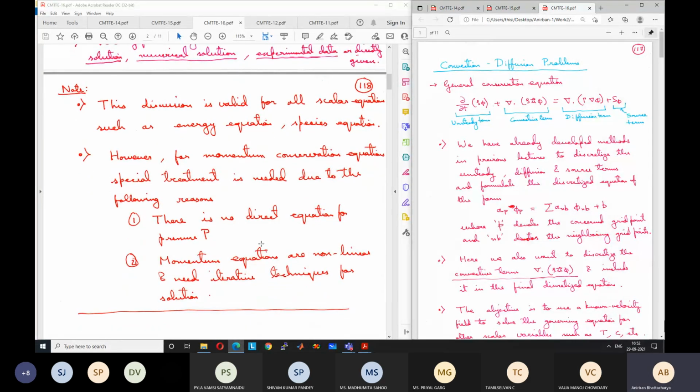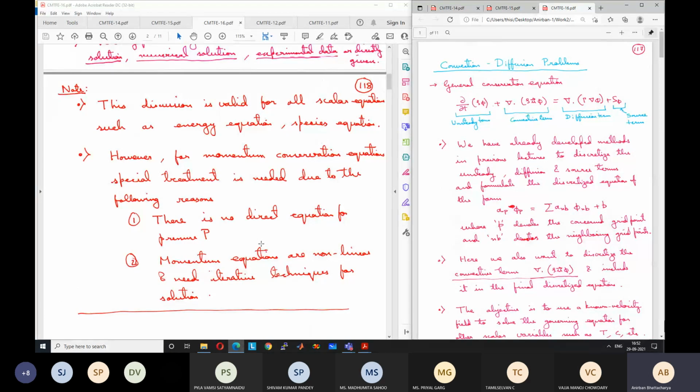Actually, it is also valid for the momentum equation to solve for u, v, and w if the pressure P is known or given to us. If the pressure is known, then obviously if you know the u, v, and w values, you need not calculate. But we can use a similar type of algorithm to calculate u, v, and w if the pressure is known.